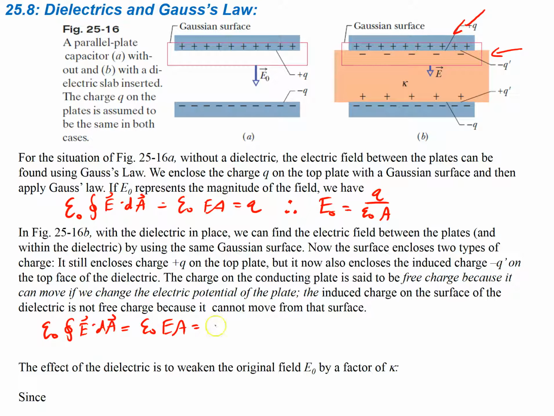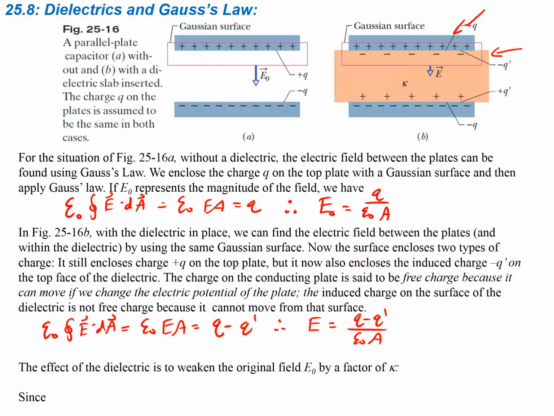So it's going to be our charge Q minus Q prime, where Q prime is going to be the induced charge on the surface of the dielectric. Therefore, our electric field is now going to be Q minus Q prime divided by epsilon naught A.